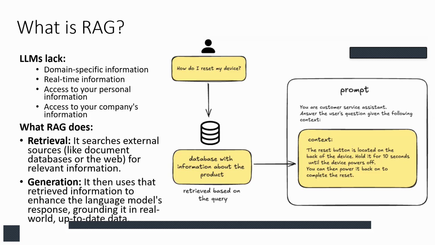Second is real time information. These LLMs always have some cutoff date. They have been trained on some data taken from the internet, but once you train them, you cannot keep on training them. So there is always a cutoff date or knowledge date after which your LLM is not aware of what happened, because it's not trained on the data after that date.